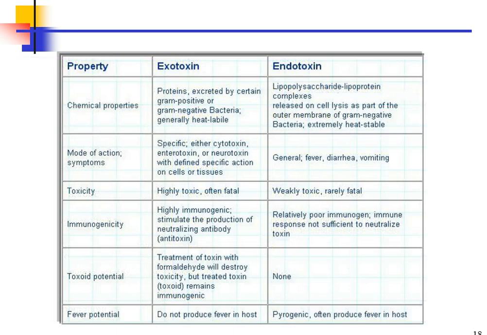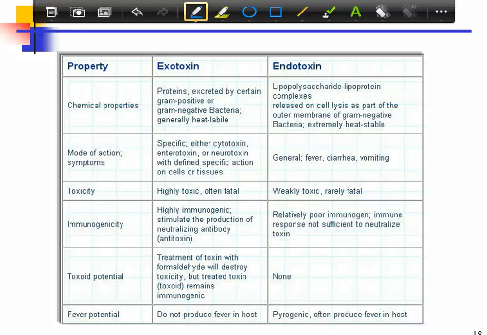And here's kind of a comparison side by side. You can sit and look at this in more detail. But again, I have gone over this in a little bit of detail already. So you've got protein toxin versus LPS. The exotoxins tend to be very specific depending on where they affect, whereas endotoxins are pretty general.